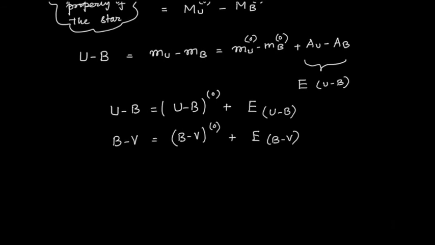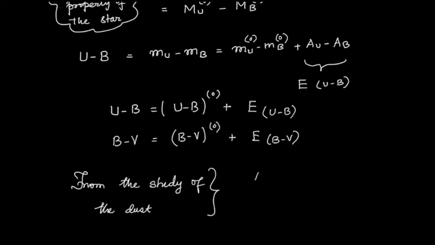Okay, so let me show you what is known about these quantities. From the study of the dust, these things are very well known. AV by E B minus V is of the order of 3.